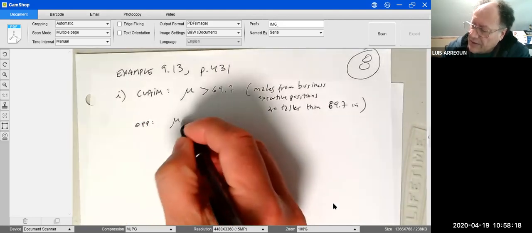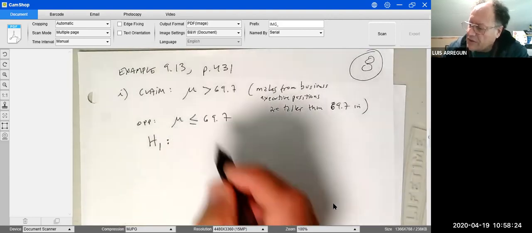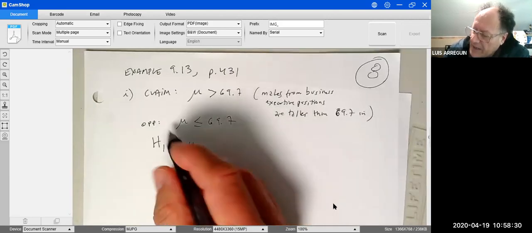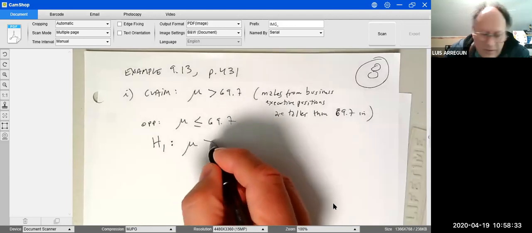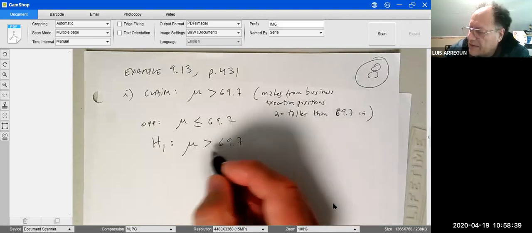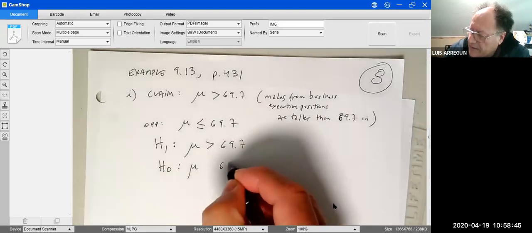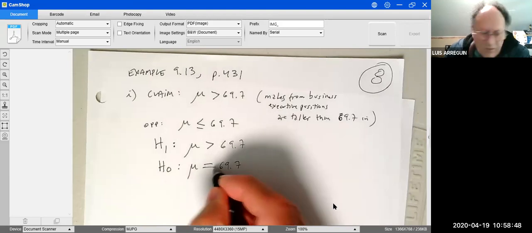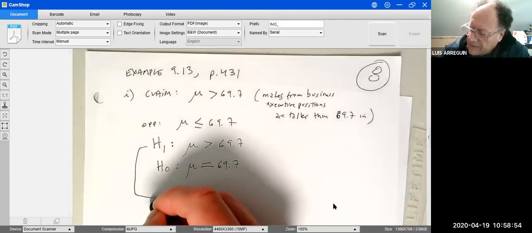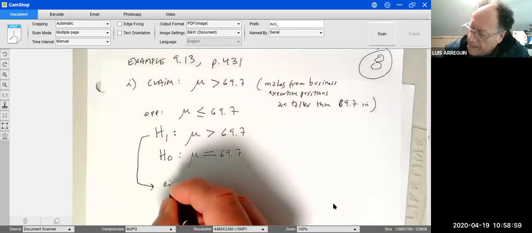What is the opposite of this claim? It is just mu less than or equal to 69.7. Then what is the alternative? Which one of these two doesn't contain the equal sign? You can see that the alternative aligns with the claim, so we have the mean greater than 69.7. What is the null? The null is always the parameter, the given number, and also the equal sign. From here, you see that we have a right tail test.